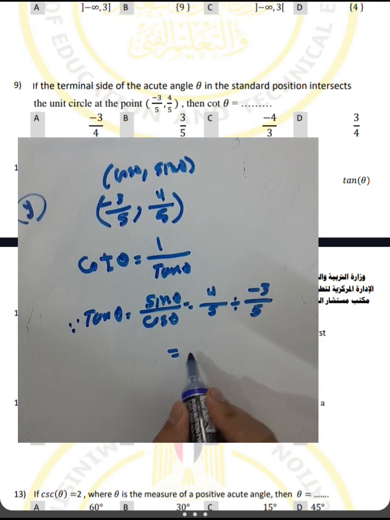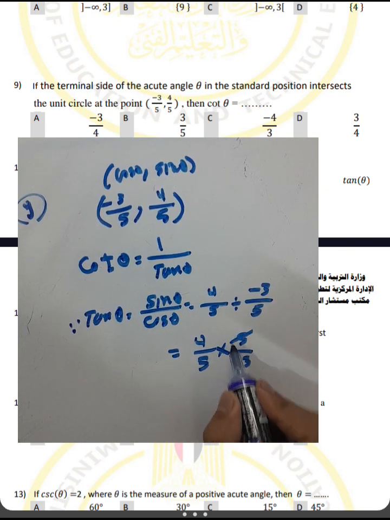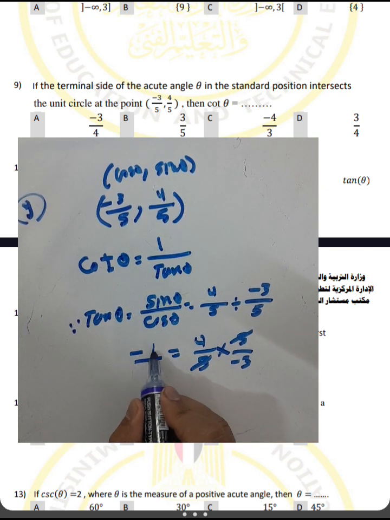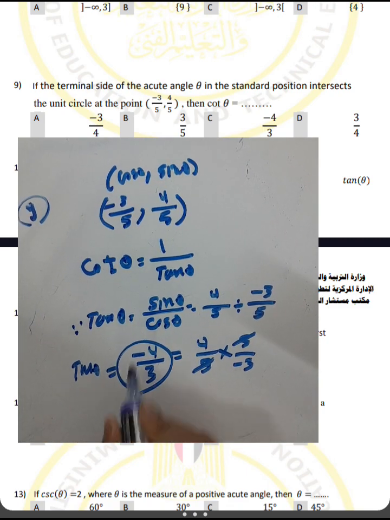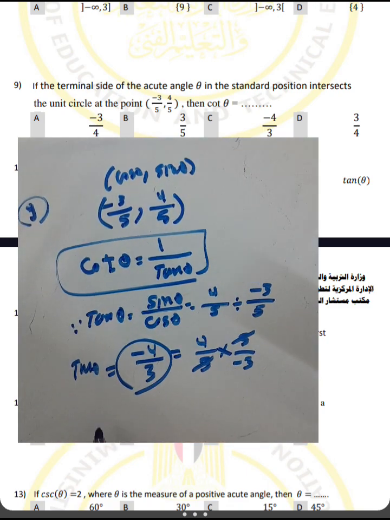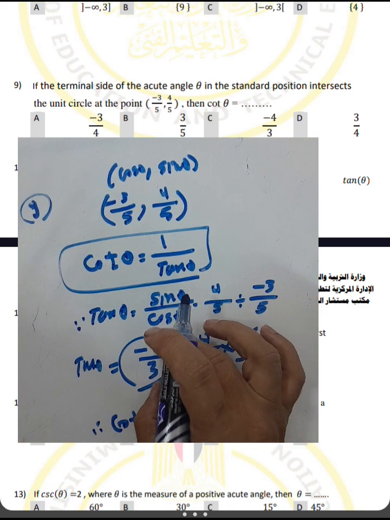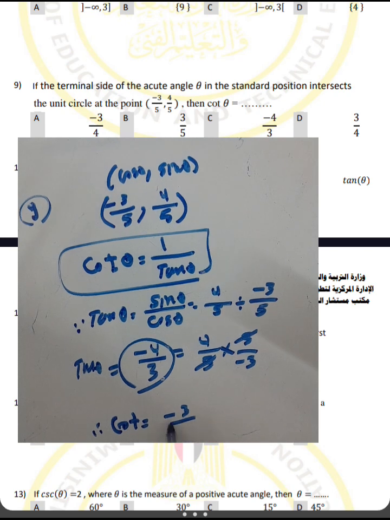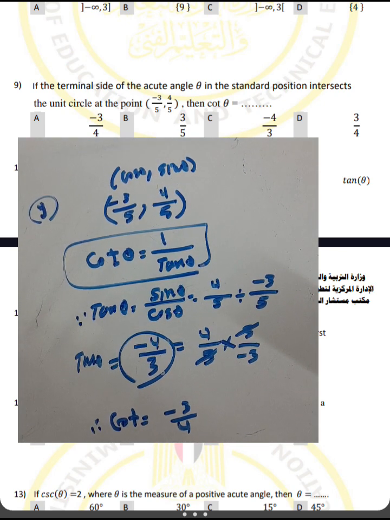Then write 4/5 times 5 over negative 3, cancel them, and the result will be negative 4/3. That is tan theta. We want to find cotan, so write 1 over tan theta, 1 divided by negative 4/3, which will be negative 3/4. Question number 9, choose letter A.